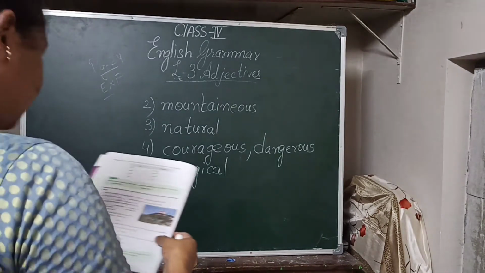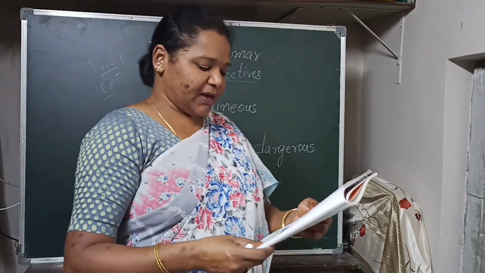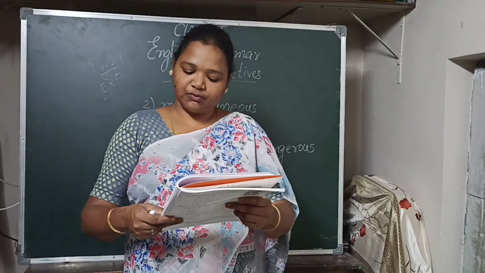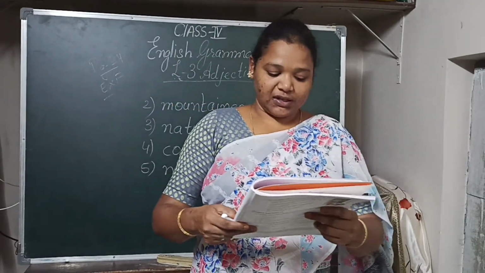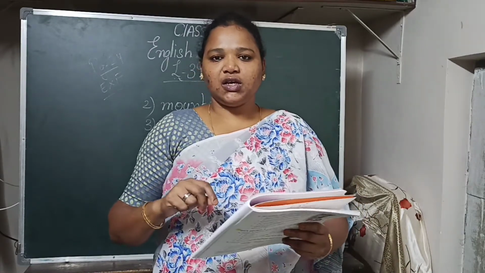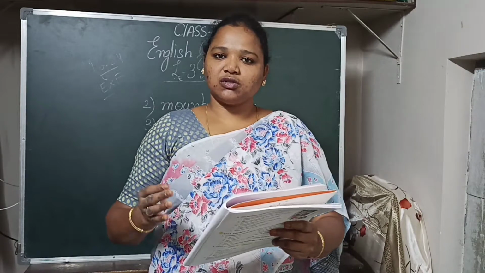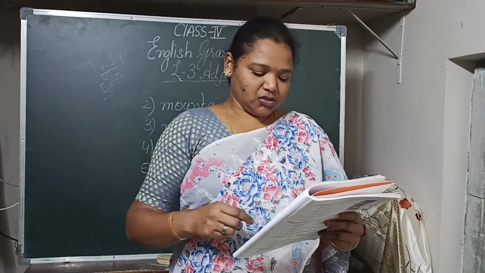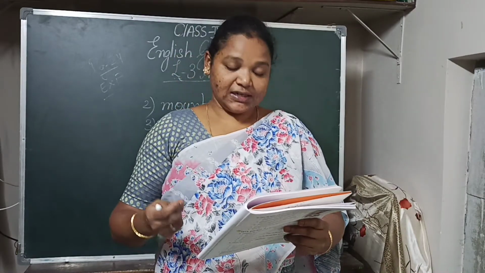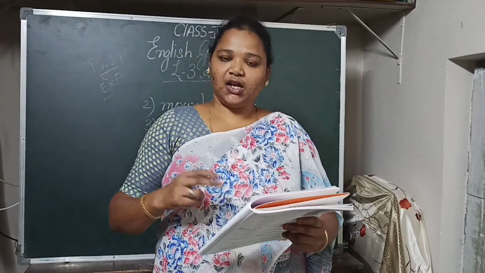So moving on to the next topic, forming opposites by adding un or less. We can add the letters un at the beginning of some words to form opposites. For example, like happy, unhappy, finished, unfinished, lucky, unlucky, fair, unfair.